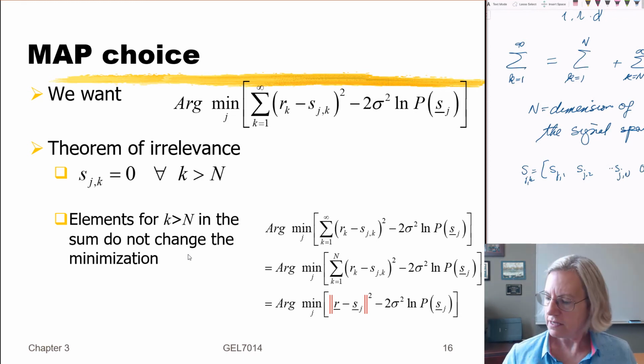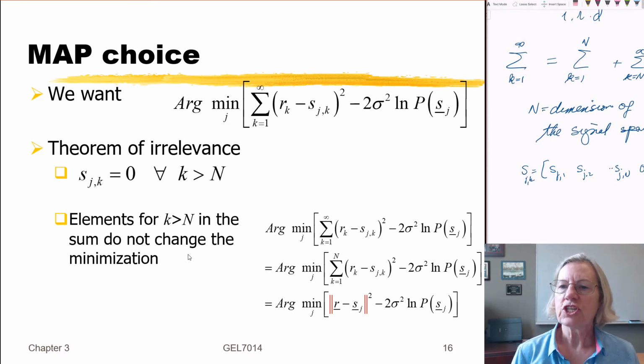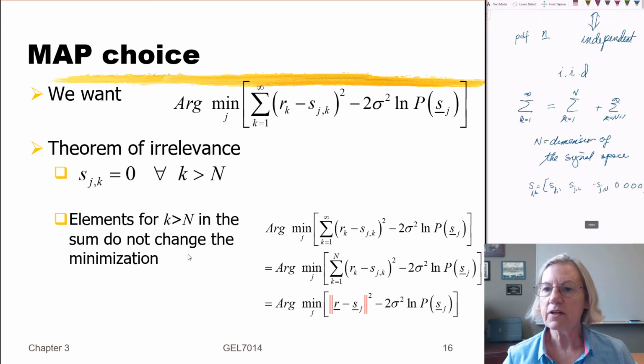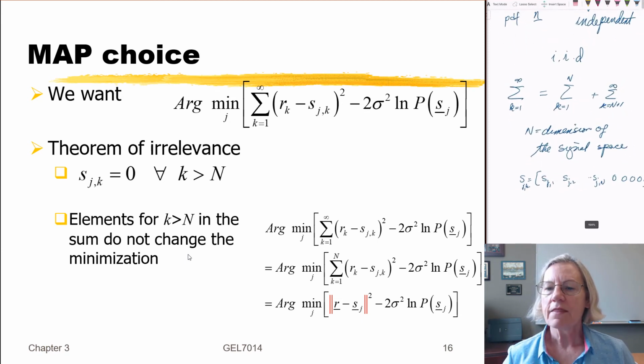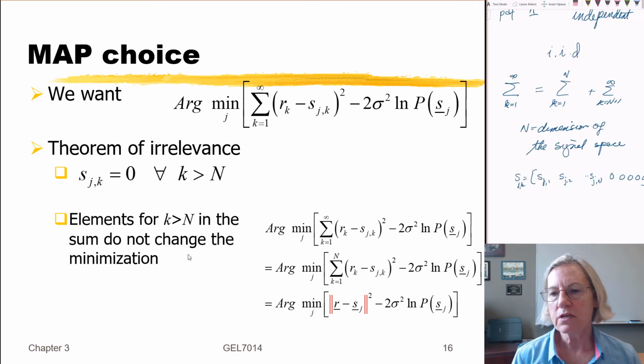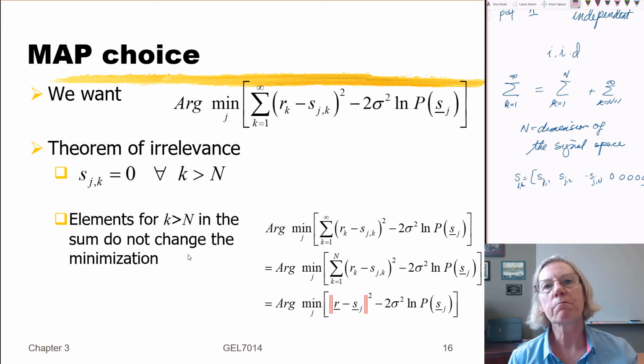That is because we chose our first set of basis vectors to cover the symbol space. After that, we extended the basis to cover the noise.